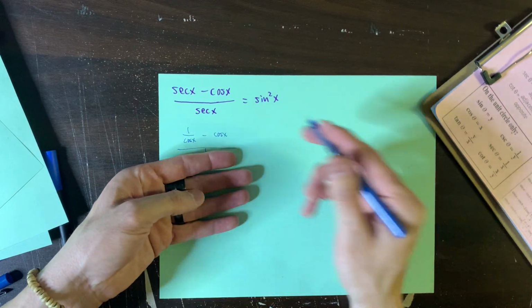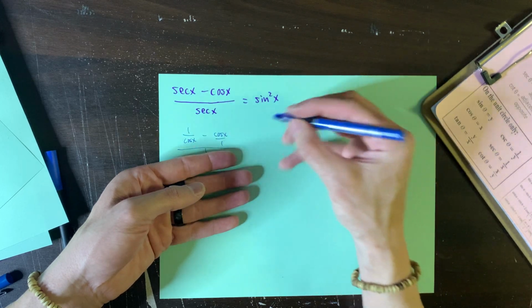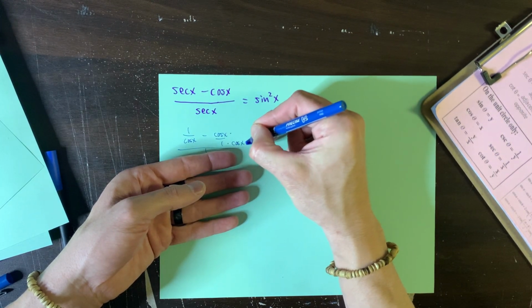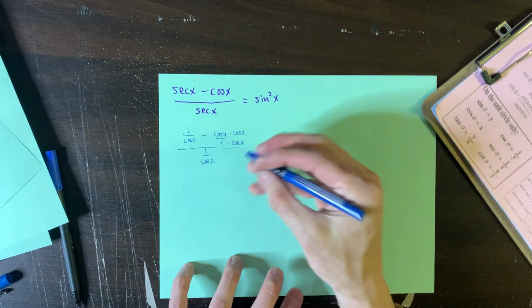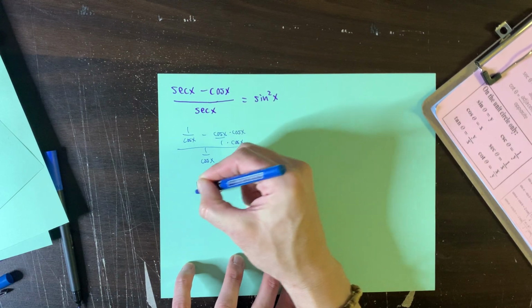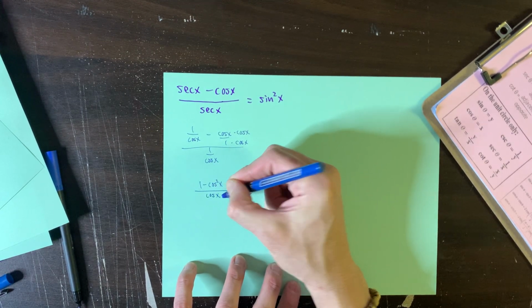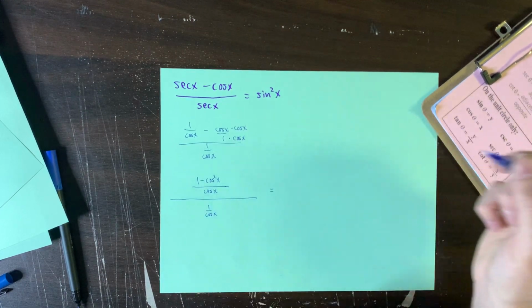Now, in the top, I have a fraction minus a whole term, but I'll turn it into a fraction. So now it's fraction minus fraction, but we have to get a common denominator, so I multiply this top and bottom by cosine. Now this says 1 minus cosine squared over cosine, all over 1 over cosine.